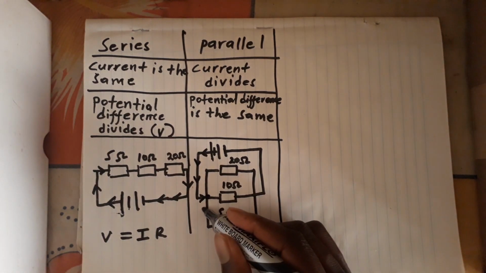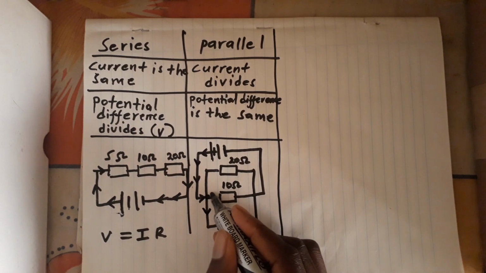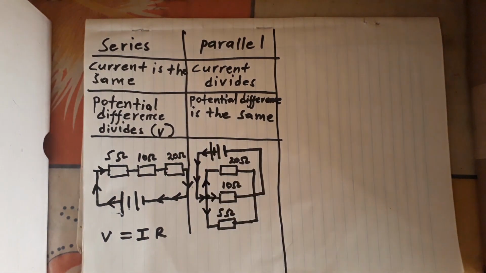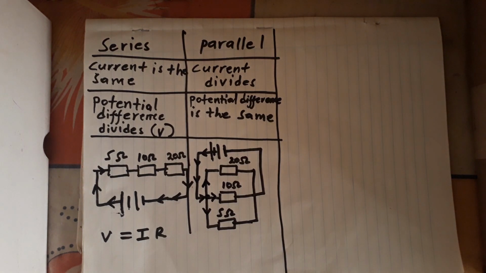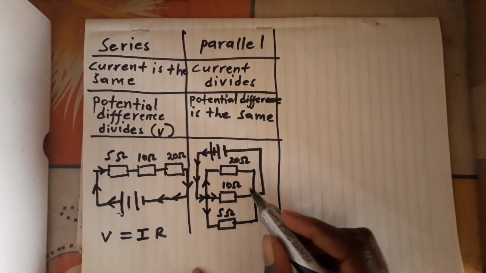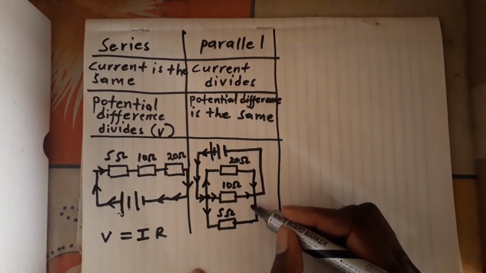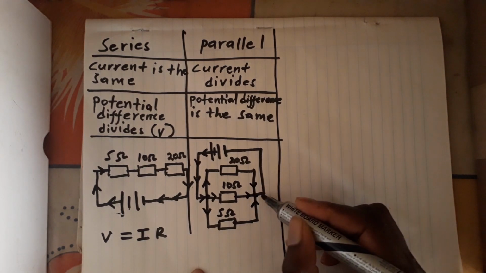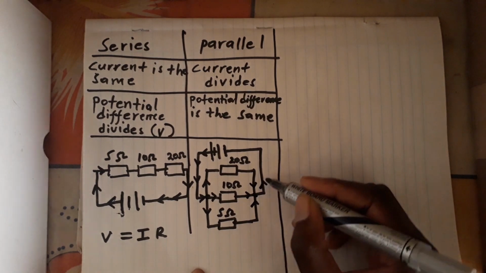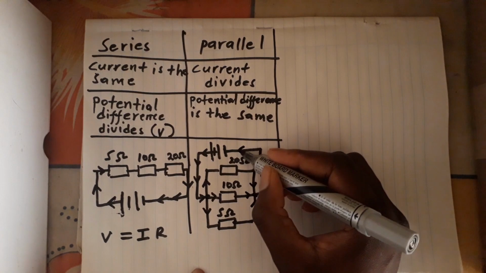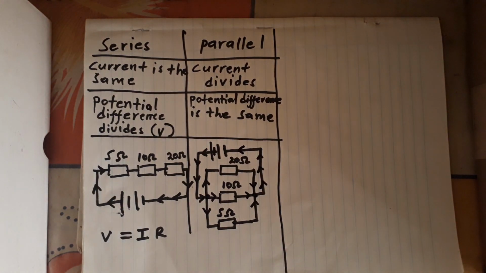Some of the current will take this path and some of the current will take this path, as you can see. And then they are going to meet again at this point, and go as a single unit until the current reaches the negative terminal of the battery.